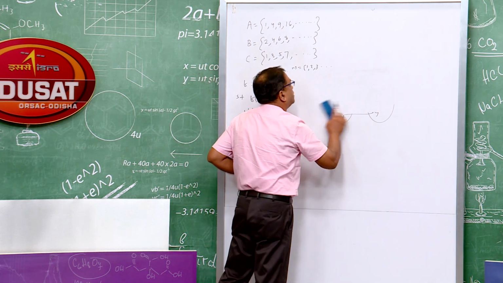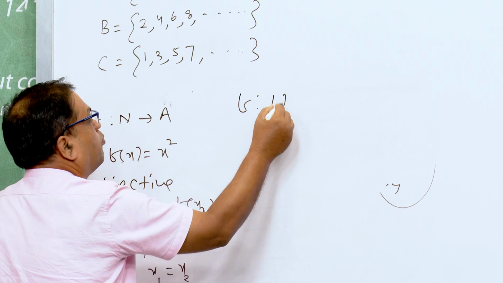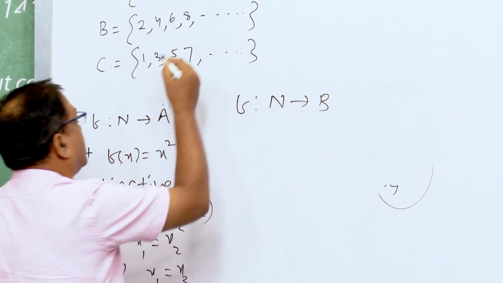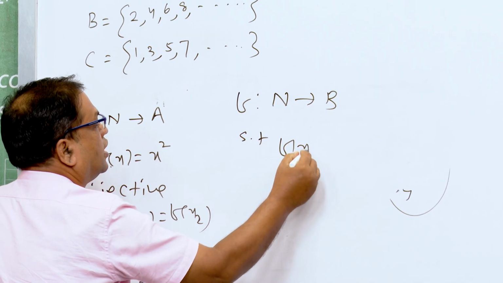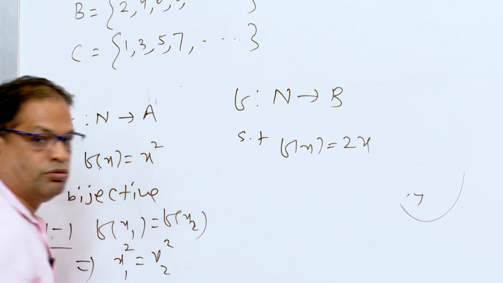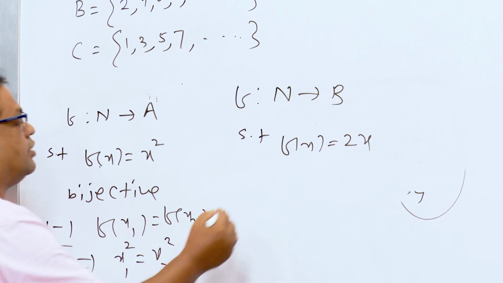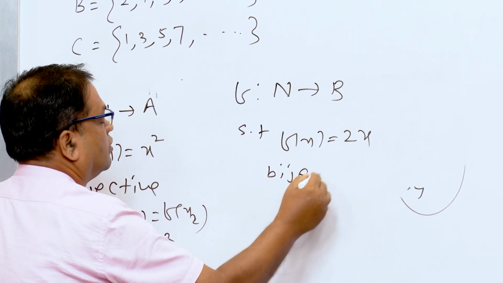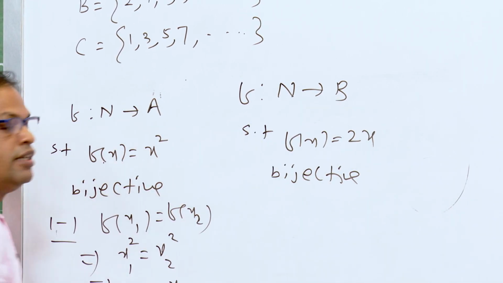Similarly, we can have a mapping from N to B, the set of even natural numbers, such that f(x) is equal to 2x. So, this is also a bijective mapping. So, the sets N and B are equivalent.